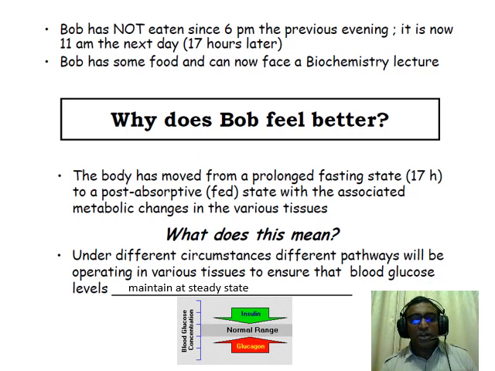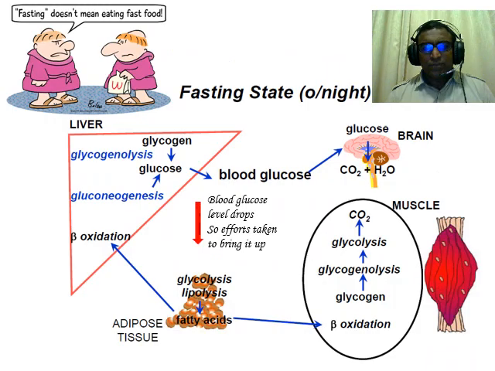So this is how it is done to maintain the steady state. So throughout this lecture, you will have this diagram to help you understand the contribution of the provider, the liver, and the receivers, that is the brain as well as the muscle.